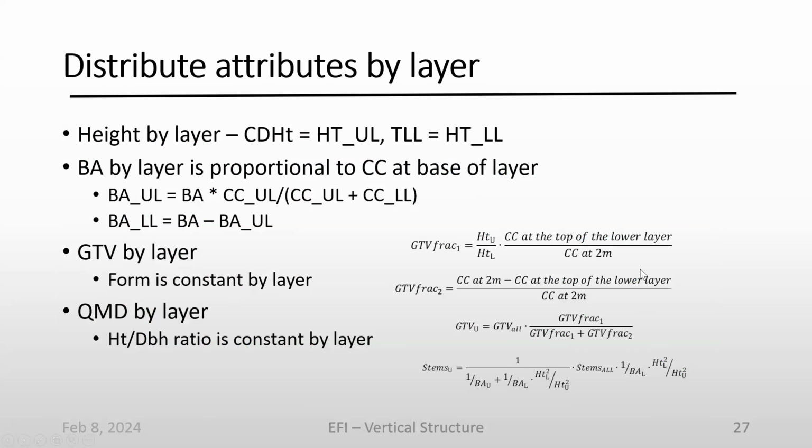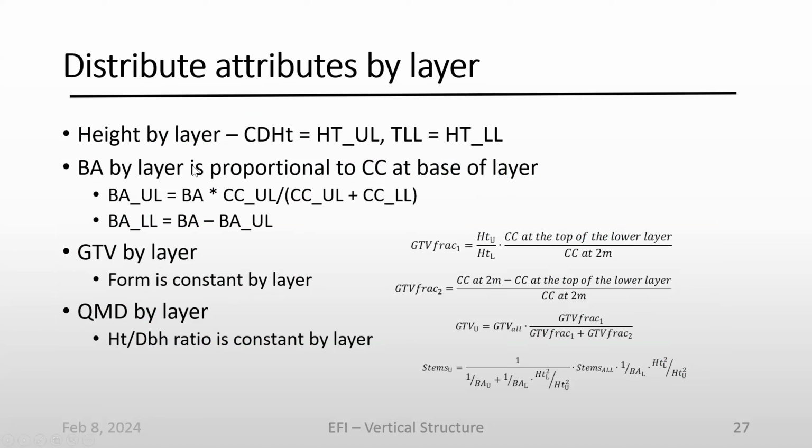To partition the inventory attributes by layer, we made a few more assumptions. To estimate height by layer, we took the codominant height for the pixel as the height of the upper layer. That made sense. We were predicting the top of the lower layer, and we took that as the height of the lower layer.